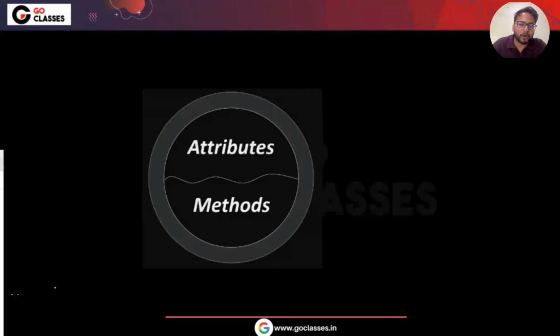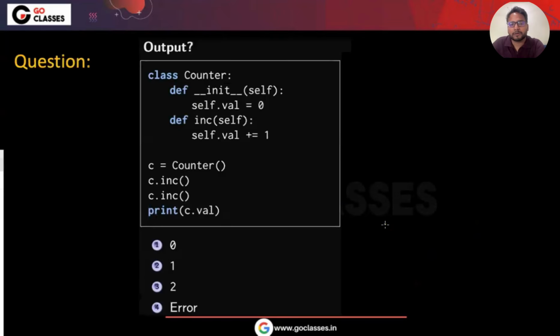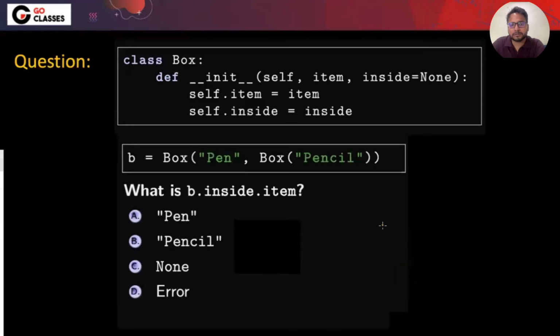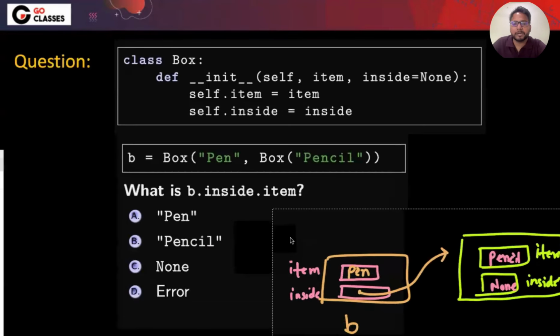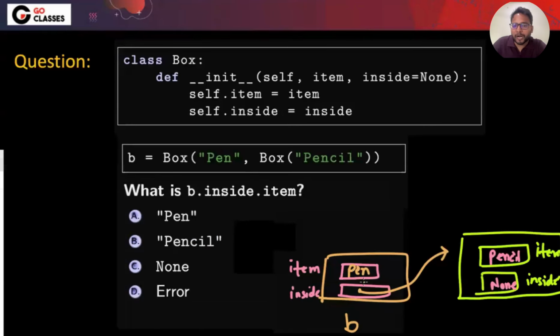By the way, for every object you have attributes and you have functions which we call methods, right? Every object has attributes or functions. So this is the next question. Here, instead of asking b dot item, which was pen earlier, they are asking b dot inside dot item.